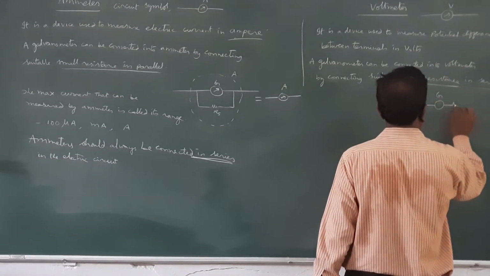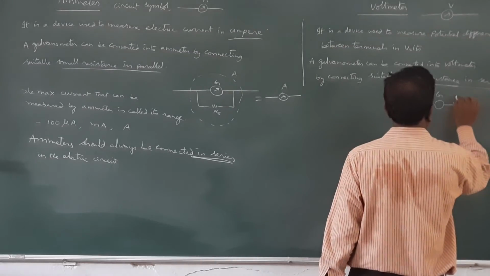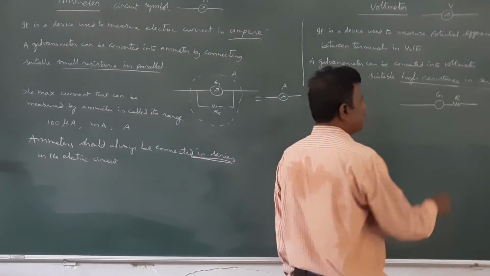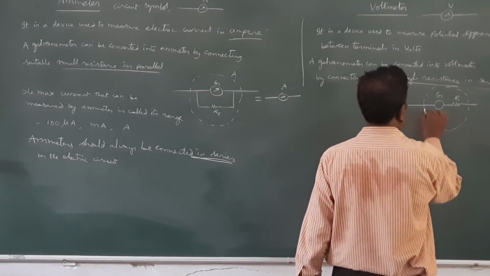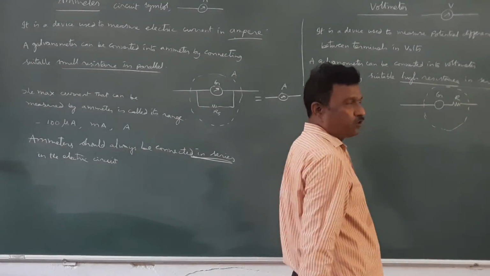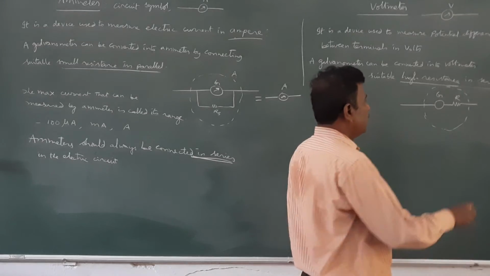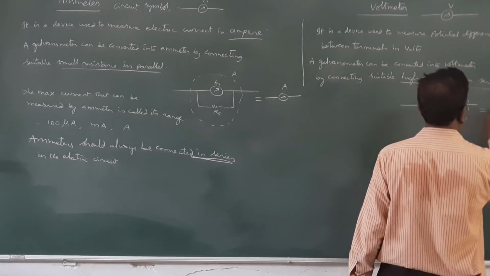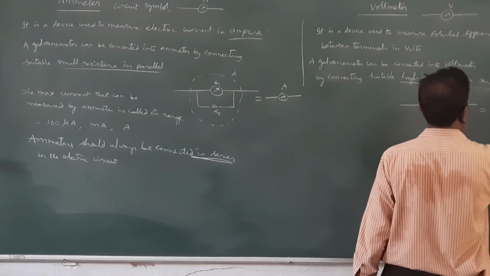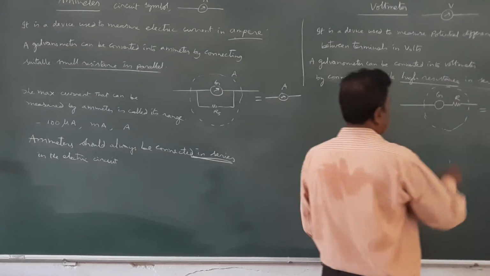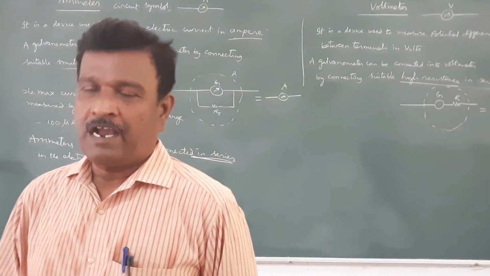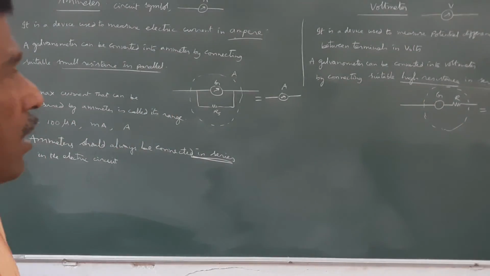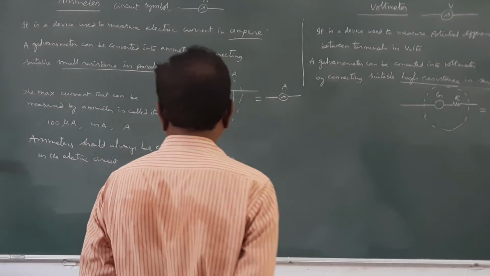If we connect a high resistance in series, then this entire arrangement, the galvanometer together with the high resistance, is called a voltmeter.